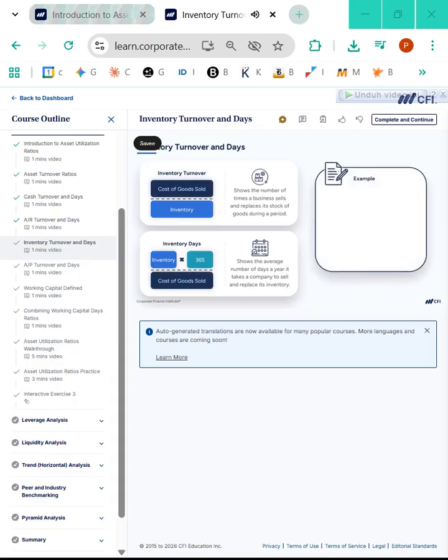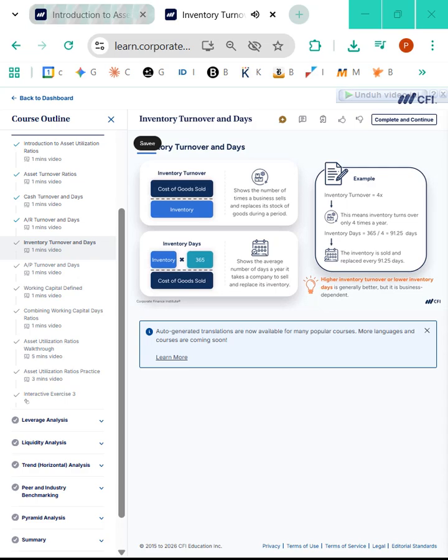Let's imagine that the inventory turnover is 4 times. This means inventory turns over only 4 times a year. If we want to turn that into a days ratio, we take 365, divide it by 4, and we get 91.25 days. Generally, like accounts receivable, higher inventory turnover or lower inventory days is what every business wants.